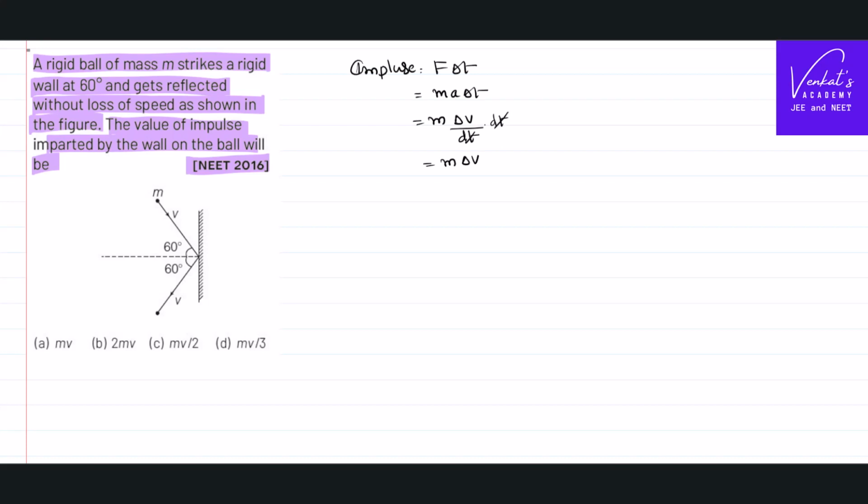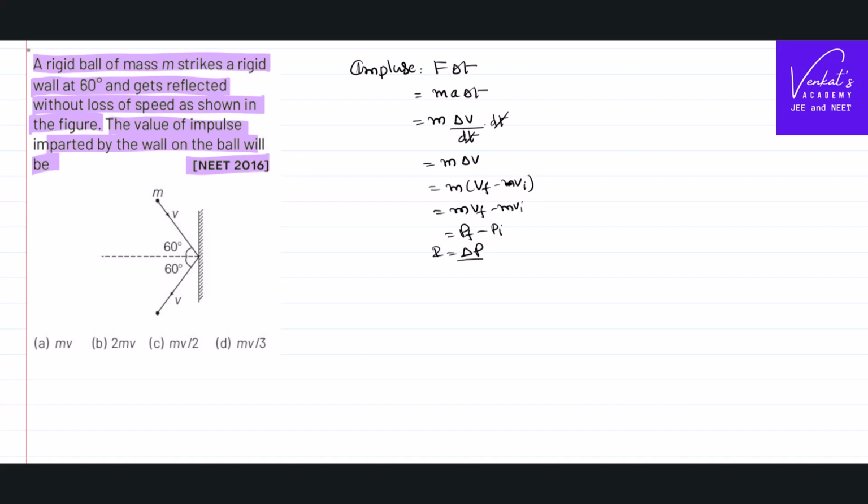So impulse is nothing but m into delta v, that's mass into change in velocity. Change in velocity gives m v final minus m v initial, that is final momentum minus initial momentum, which is nothing but change in momentum.